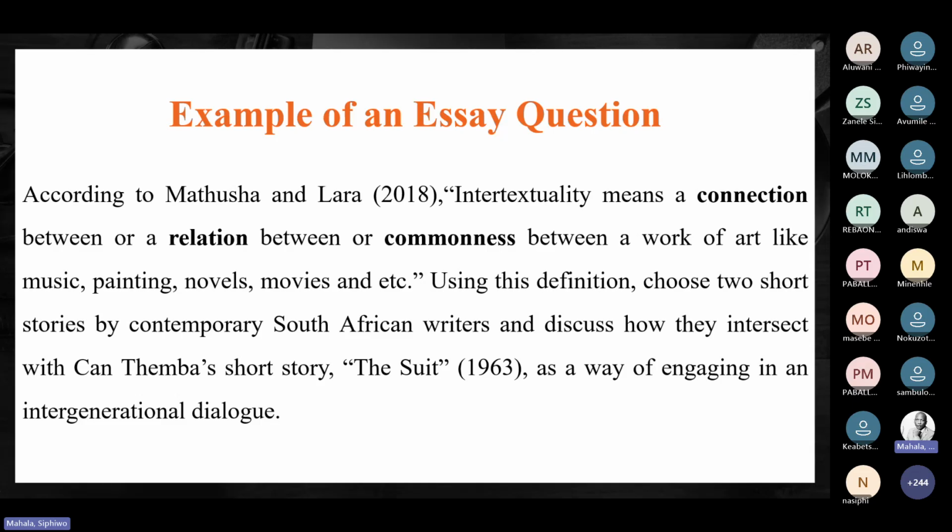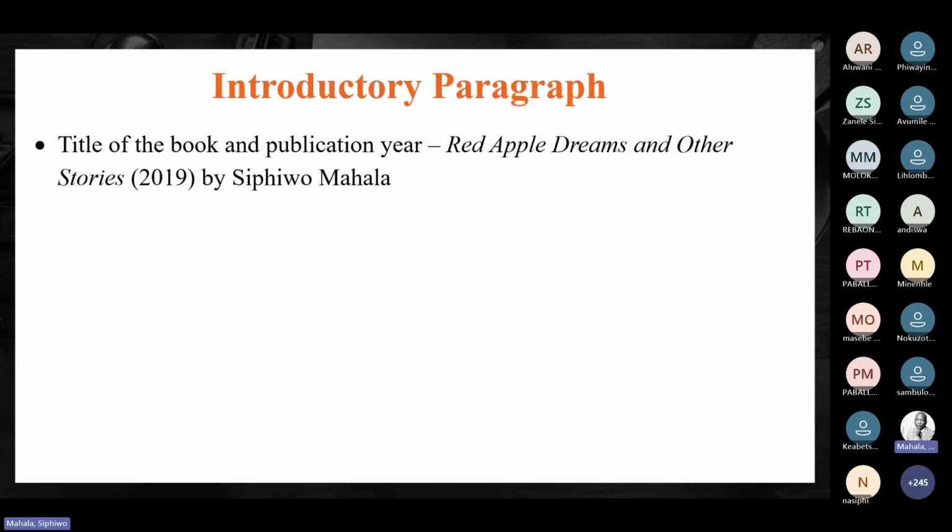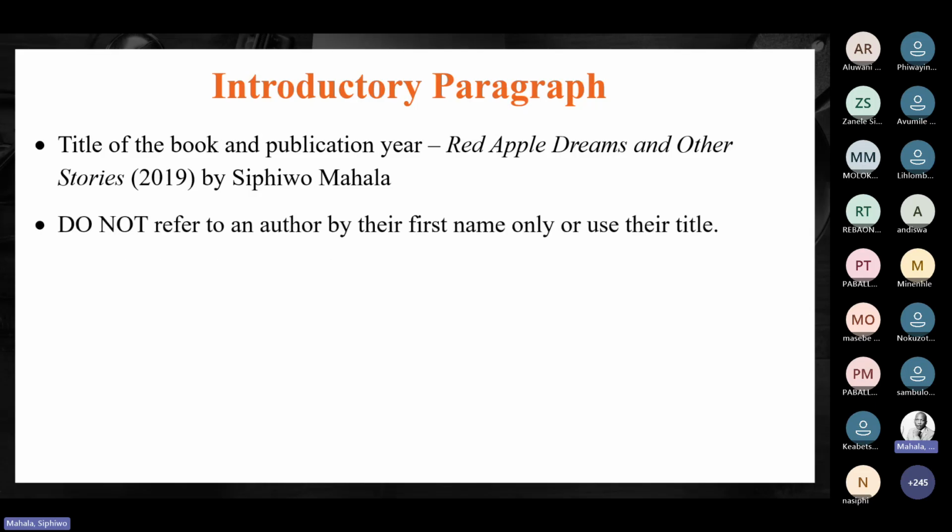Remember, contemporary South African writers you are doing here are Mahala and Vanel, and discuss how they intersect with Ken Themba's short story, The Suit, as a way of engaging in an intergenerational dialogue, right? We've spoken about this before. So your introductory paragraph, again, will have to entail the title of the book and the year of publication and the author of the book. Yes.